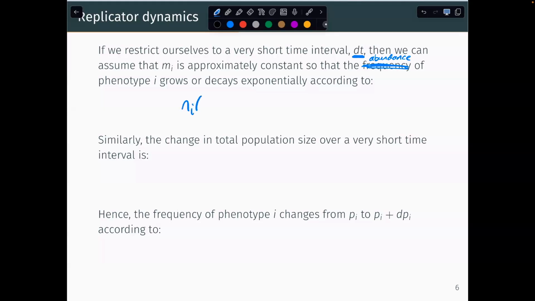So we can write ni(t plus dt) is going to be ni(t), how many individuals we had at the start of this very short window. It's going to decay or grow exponentially, and it will decay or grow according to this rate, mi dt.